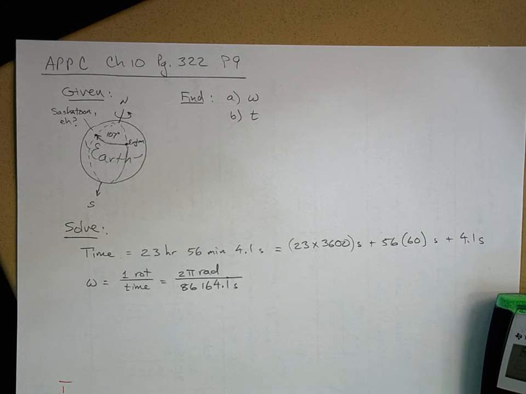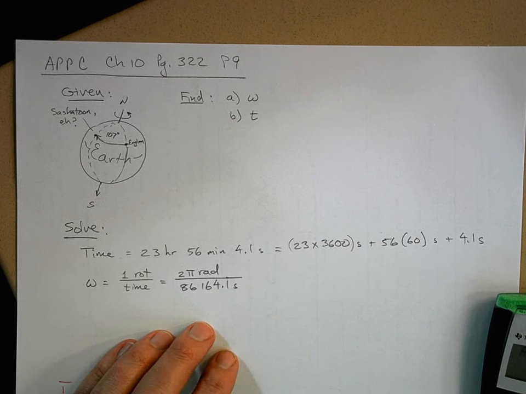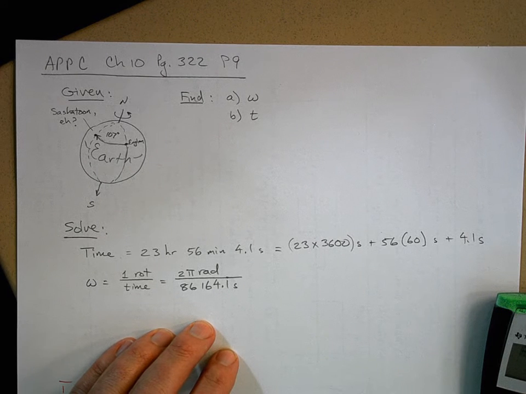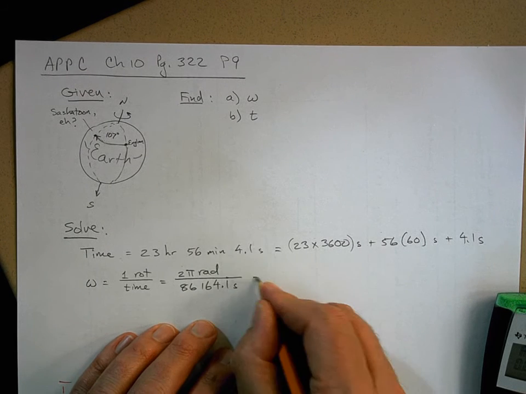So I'm going to reciprocate that and then multiply that times 2 times, where's pi on this calculator? There it is. And I get a very slow speed.